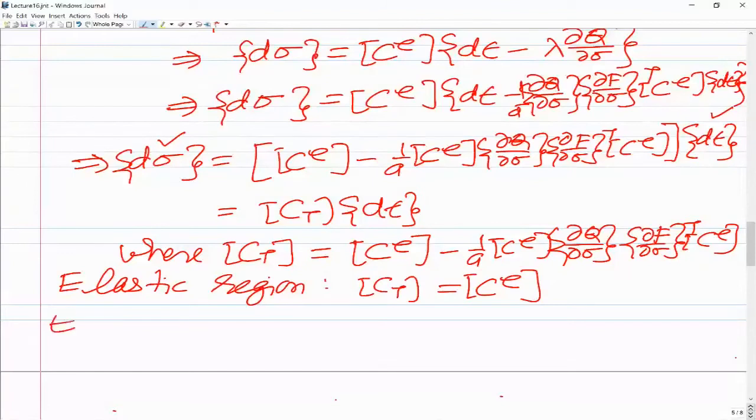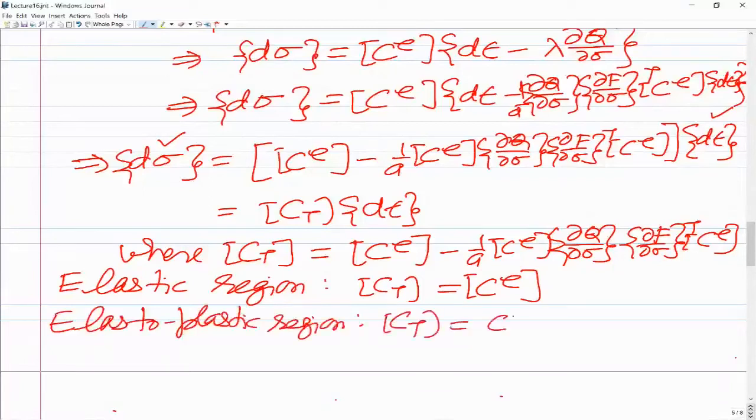Now for the elastoplastic loading region, we know the Ct expression, which we have derived: Ce minus 1 upon A into Ce into del q by del sigma del f by del sigma transpose into Ce.